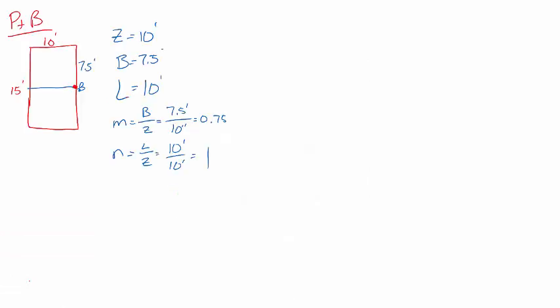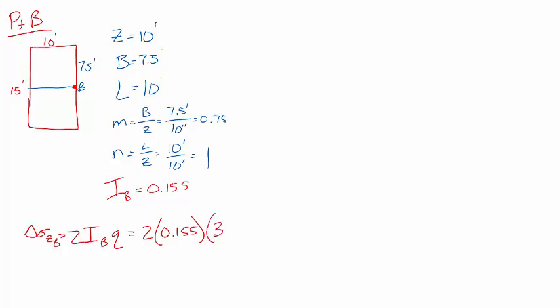So now that we have that information, we can say that the influence for B is 0.155. And now we can determine what our change in vertical stress is at point B. And that is, this time we have 2 times I sub B times our stress Q. It is 2 times 0.155.